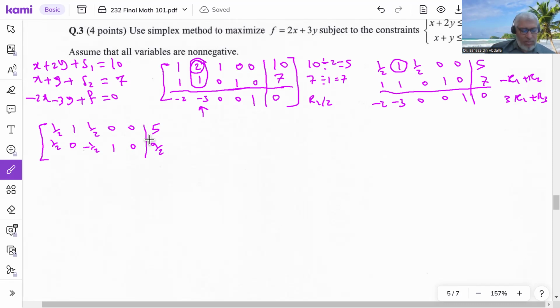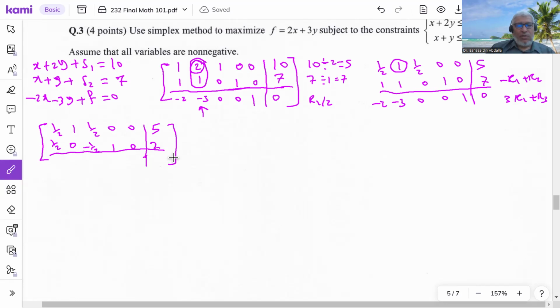And then why negative half? I'm multiplying by negative 1, sorry. Negative 5 plus 7 is 2. Negative 5 plus 7, good.